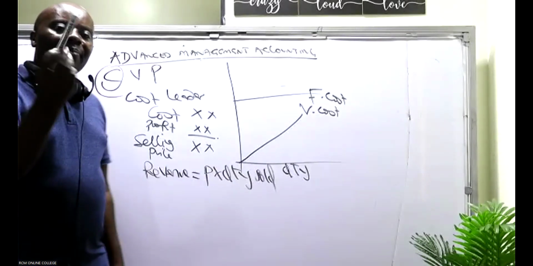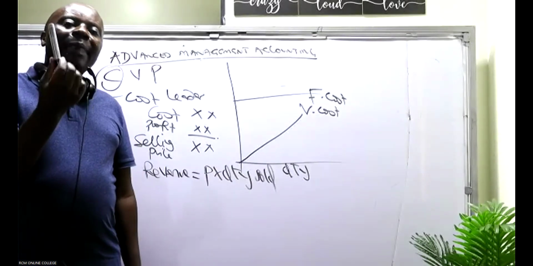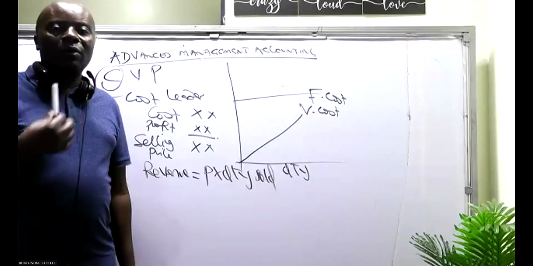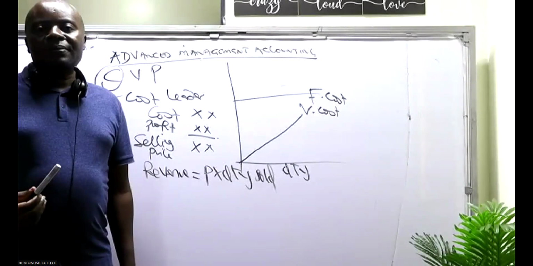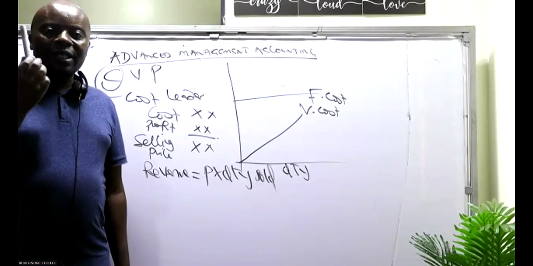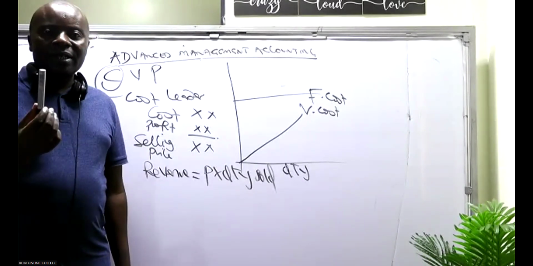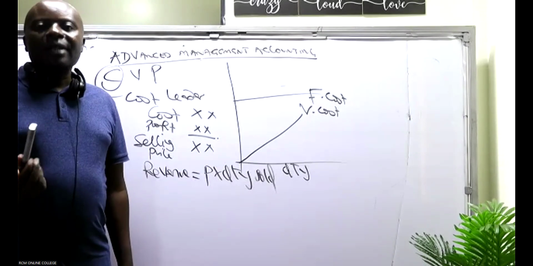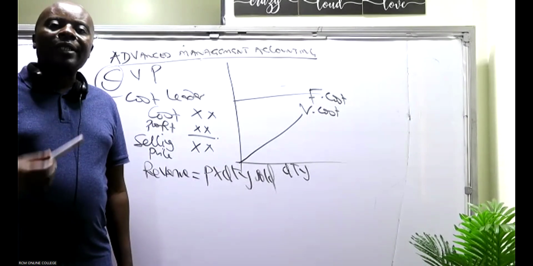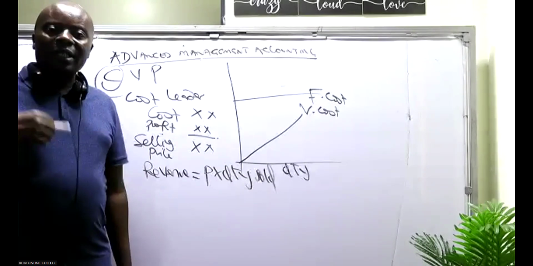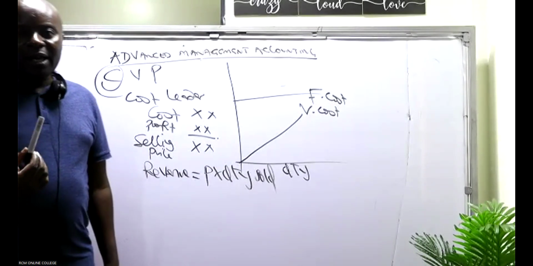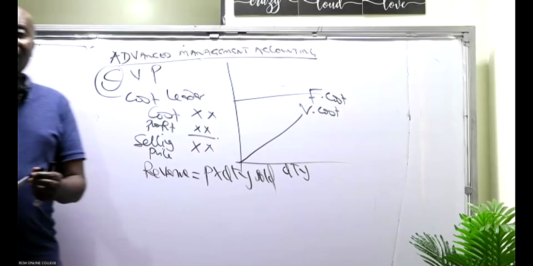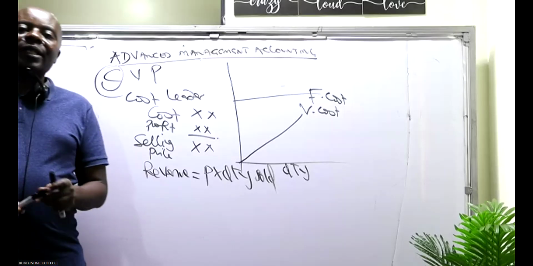So if I'm selling pens, and one pen goes for 10 bob, and I sell 9 pens in a day, the selling price is 10, quantity sold is 9. Then revenue is price times quantity. I take the 10 shillings times 9, and I get a revenue of 90.